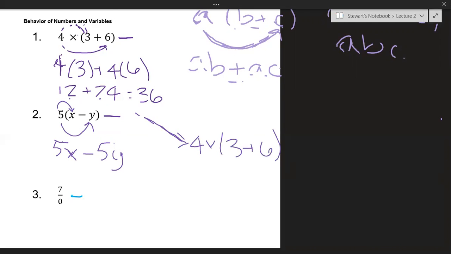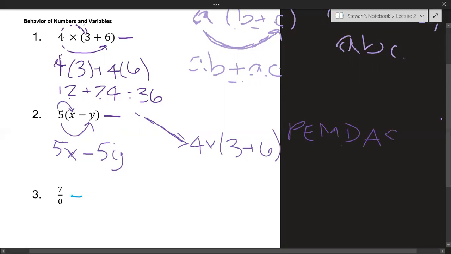Well, the order of operations is parentheses, exponents, multiplication, division, addition, and then subtraction. Parentheses and exponents are in a league of their own. They have to be done separately. But multiplication and division, you can just go left to right with it.